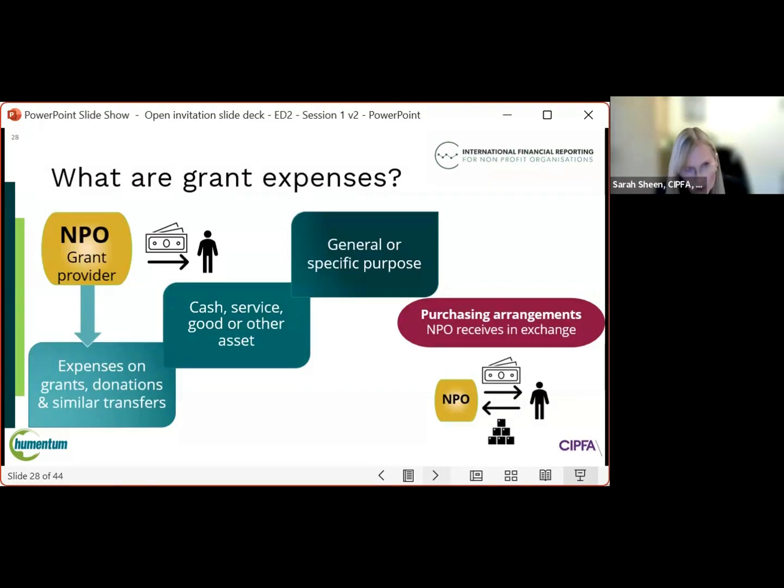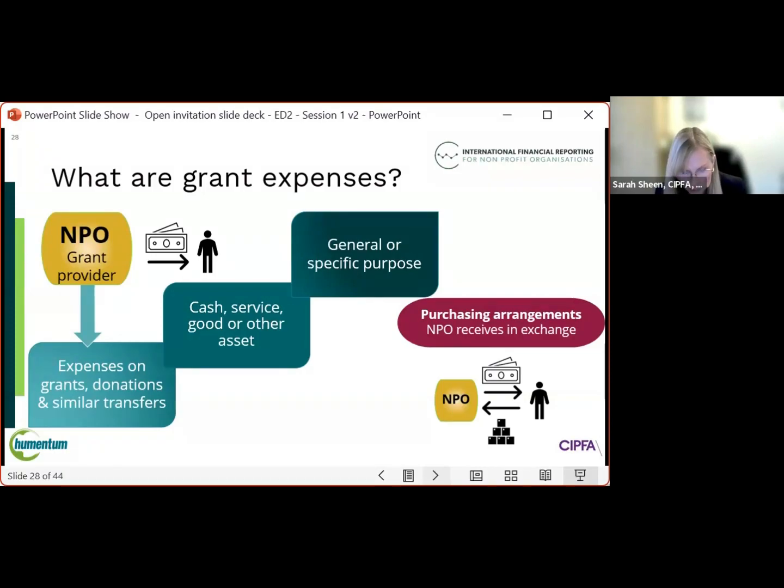So grant expenses is the term used to describe expenditure on grants, donations and similar transfers. The term grant expenses, just to be clear, is not the expense that a provider would incur, for example, grant-funded salary costs. A grant expense is where a provider transfers funding in cash terms, resources, a service, a good or other asset without directly, and this is the important point, receiving resources in return. So this means that it differs from procurement.